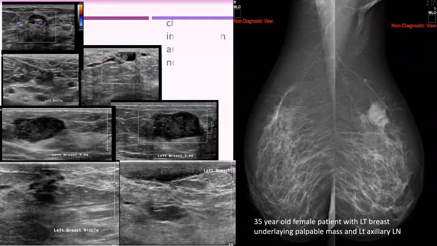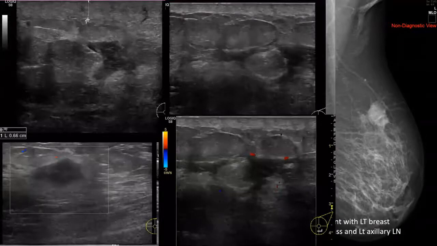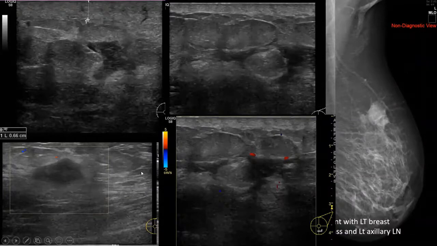Okay, the same patient 6 months earlier. That is the lesion. This is the mass, okay? And look for the inflammation in the breast. Now she's improving.